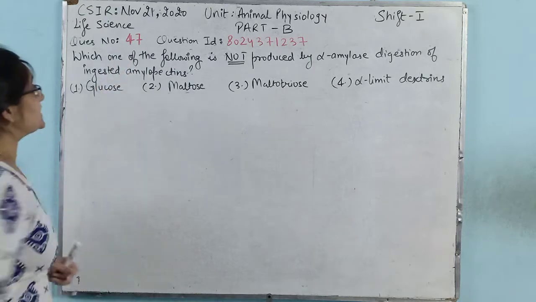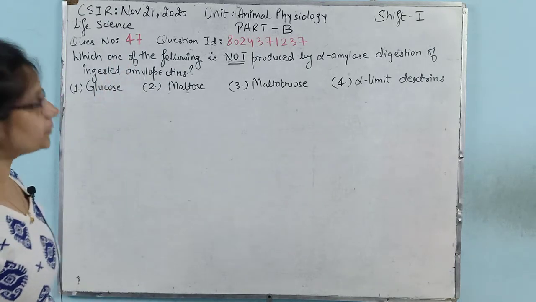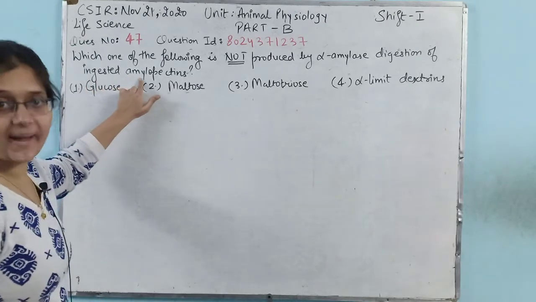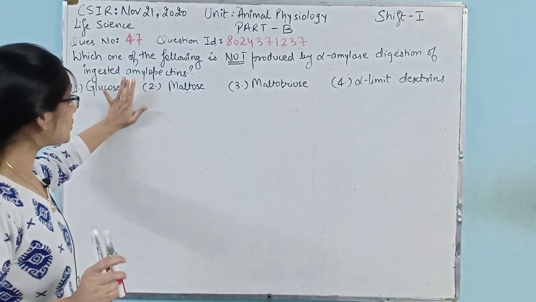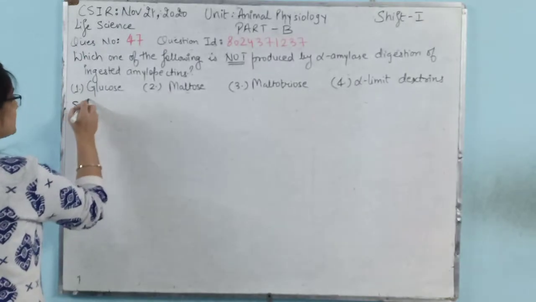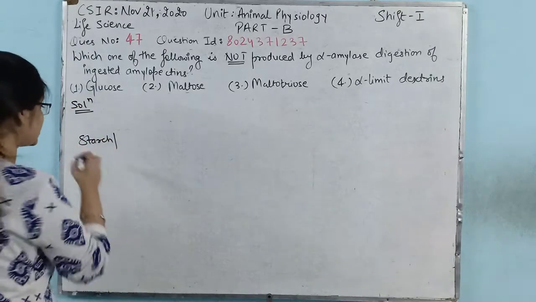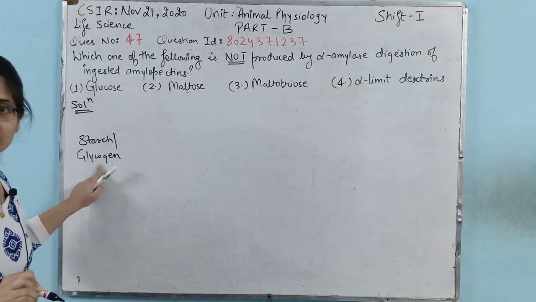So the next question is question number 47. Which one of the following is not produced by alpha amylase digestion of ingested amylopectins? Now amylopectins are basically part of the storage polysaccharide, that is starch in case of plants and glycogen in case of animals.